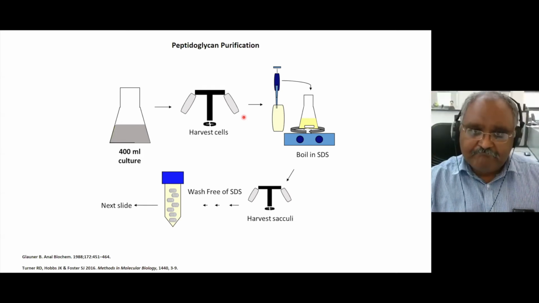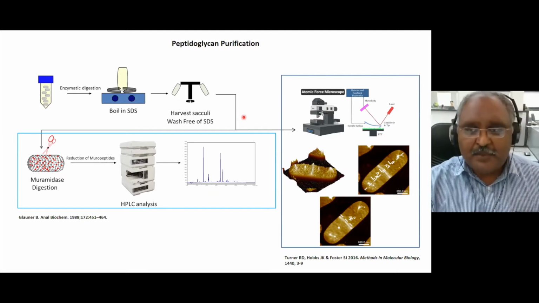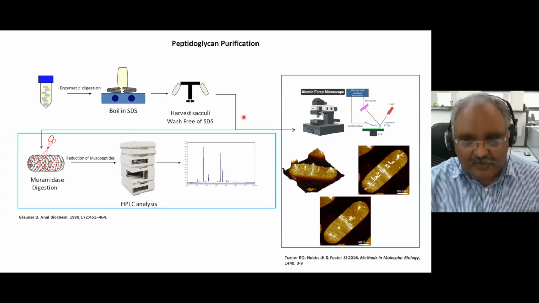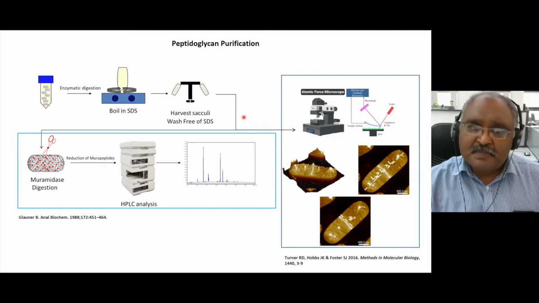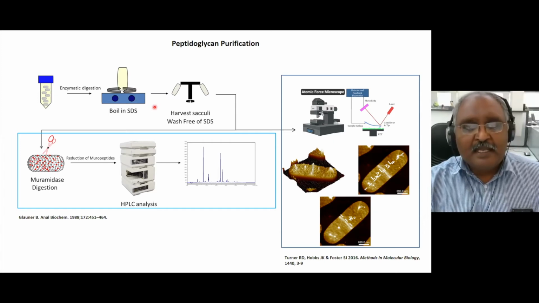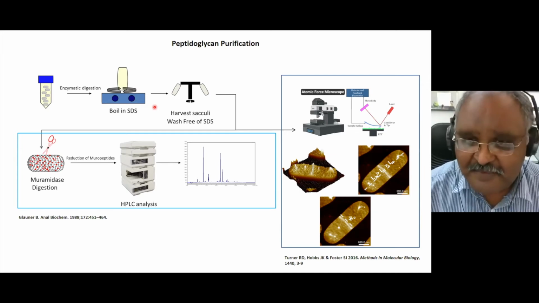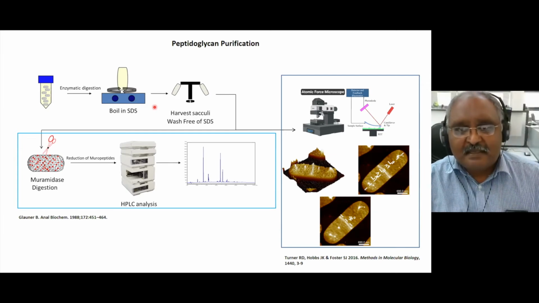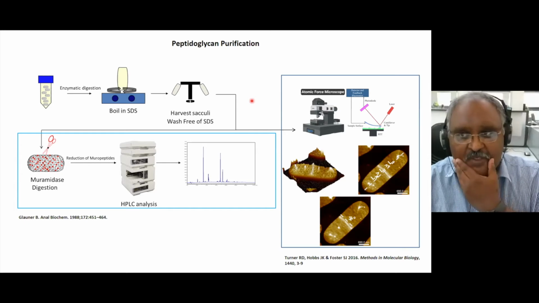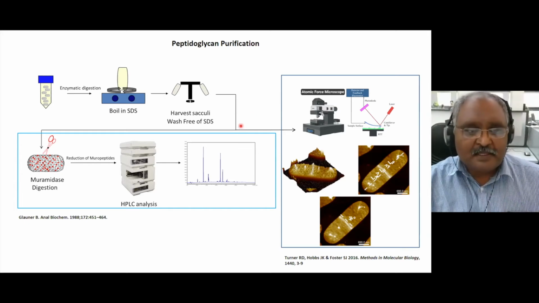Then we do an enzymatic digestion to remove any peptides covalently bound to the peptidoglycan, or glycan moieties bound to peptidoglycan, and then boil again in SDS to remove the enzymes that we just added, then harvest and wash free of SDS. This is then either used for atomic force microscopy, on which Abby will talk soon, or we use it for HPLC analysis.